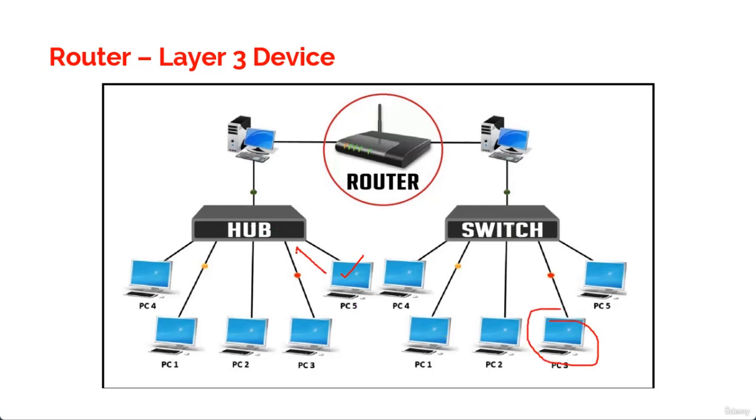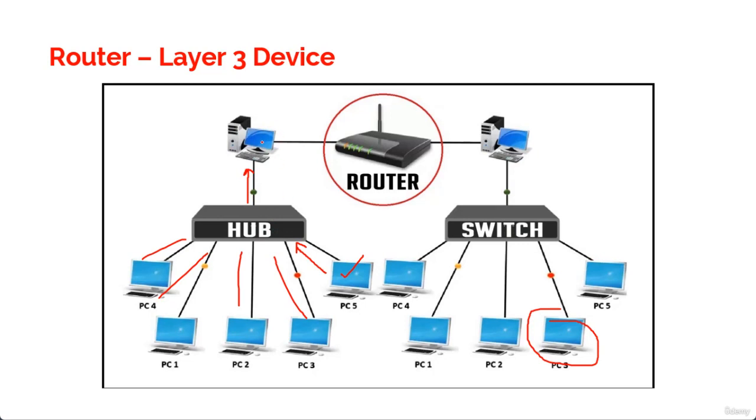It will transfer the data to this packet. Now since this is a hub and we have seen that a hub transfers data to all other PCs, this data will be forwarded to all other PCs.